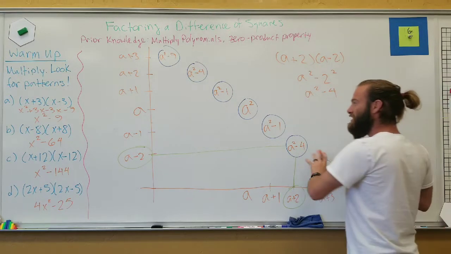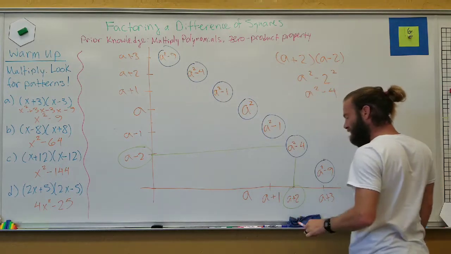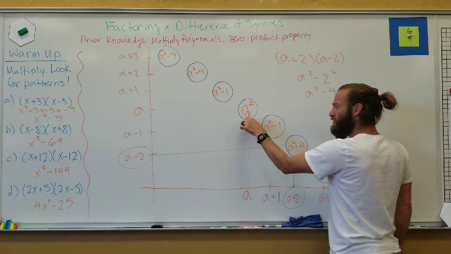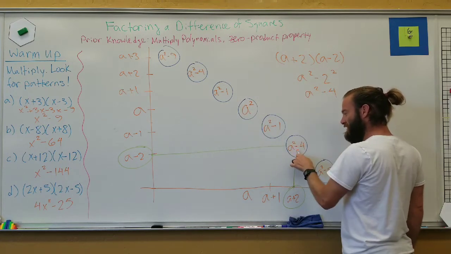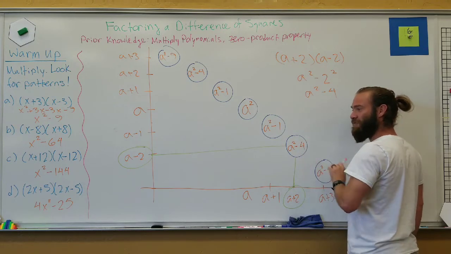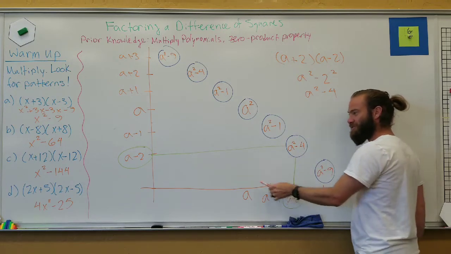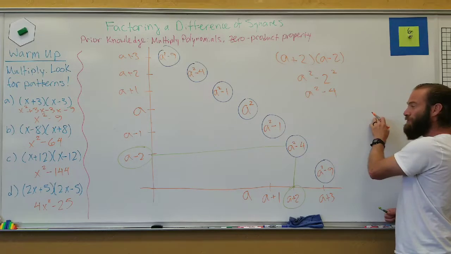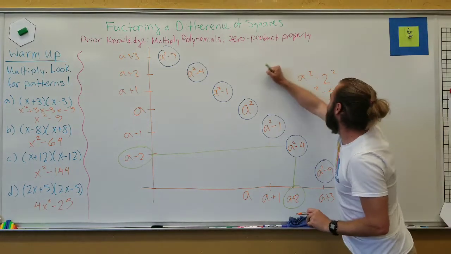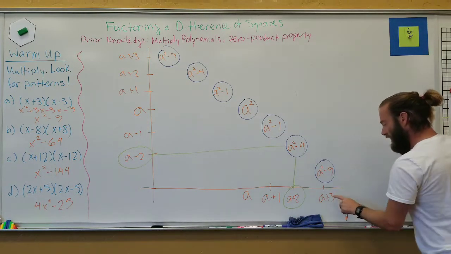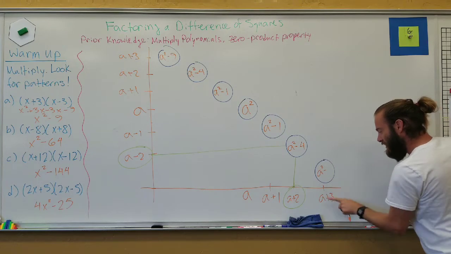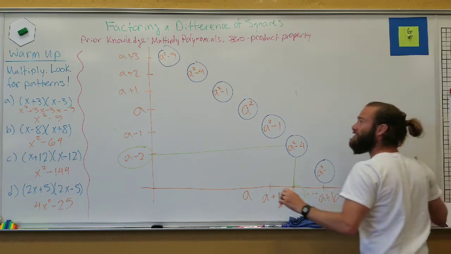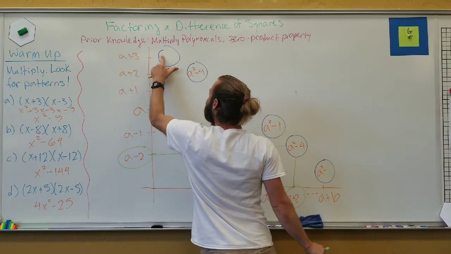So we can actually see that this diagonal helps us notice as well. Because from the center, if I go up 2 and then down 2, I'm at a squared minus 4. And that's the product of a plus 2 times a minus 2. And if we actually went up b and down b, it would actually show, and let's just use that here. Let's just say this is b up, so this is a plus b, and same with this one here.